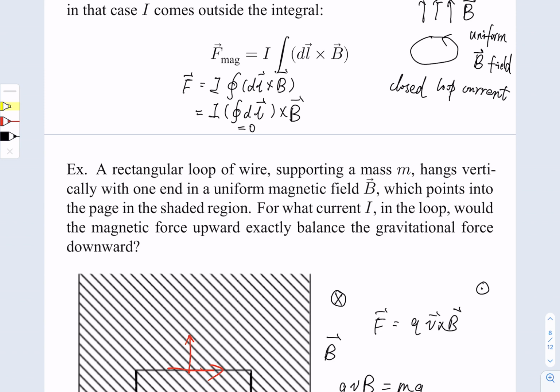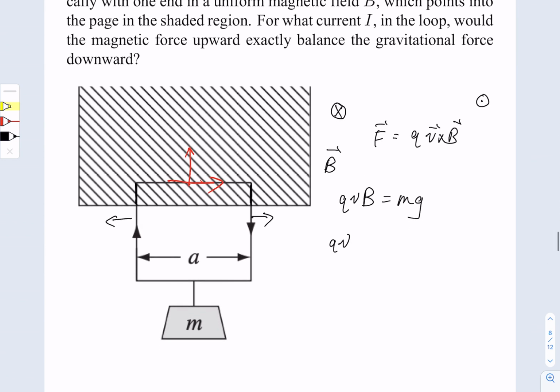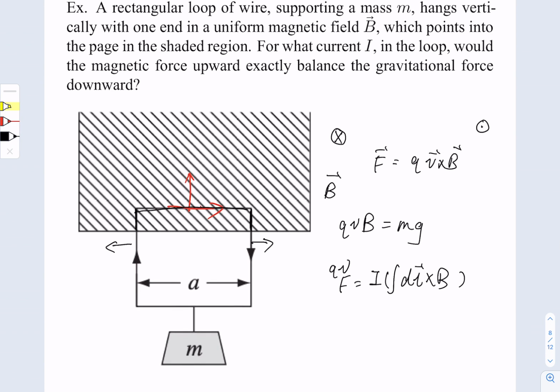So it should be I times dl cross B. Here this dl along this wire is A, so it should be I A times B. And now this term should be equal to the mg.